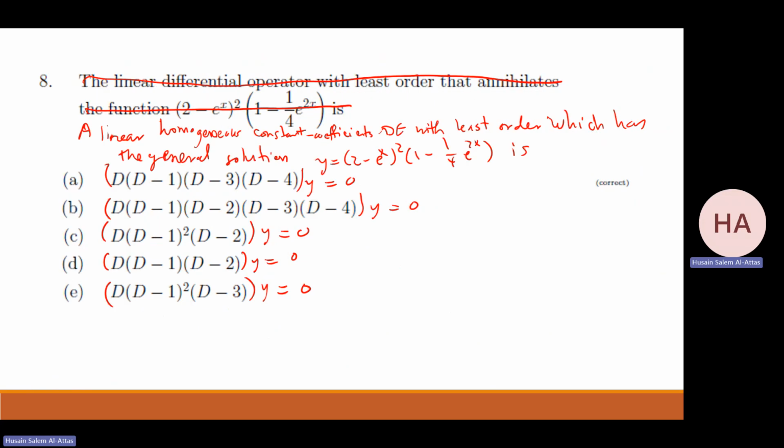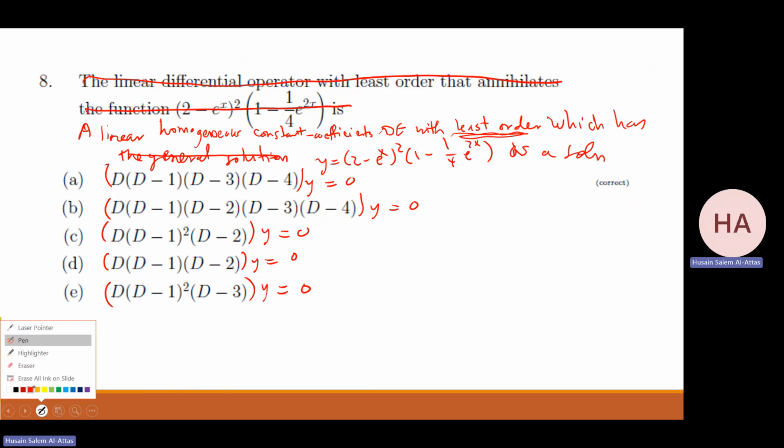Okay. Now, a linear homogeneous constant coefficients equation with least order. This is important, least order. So it's not for any order, it's the least order I can have, which has y as a solution, not the general solution.